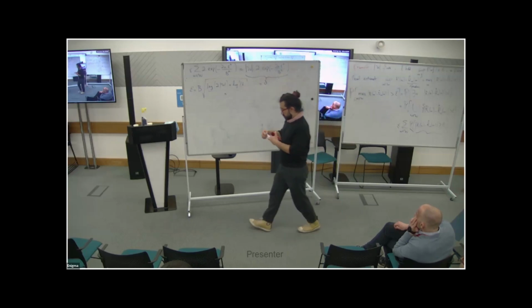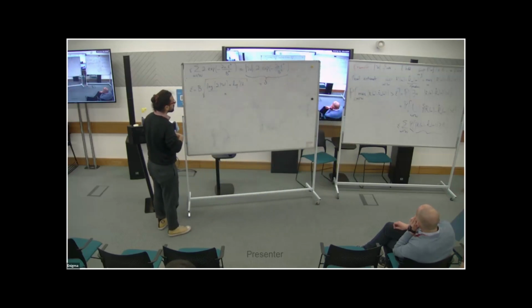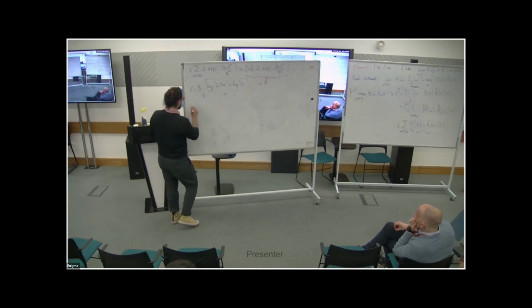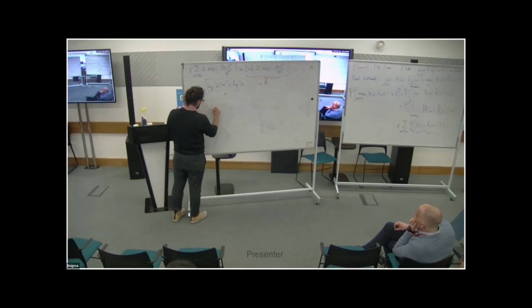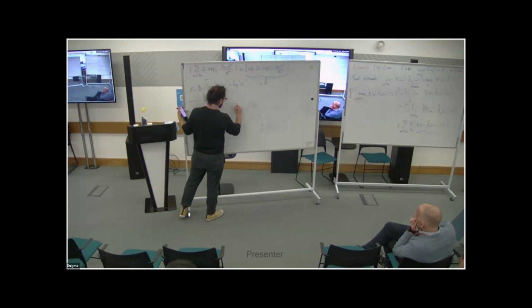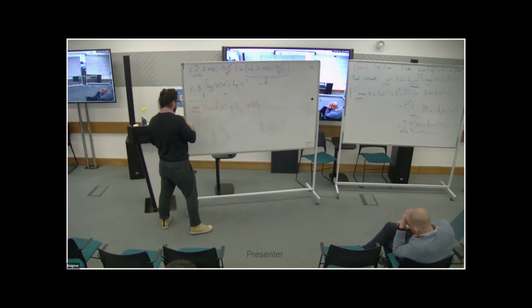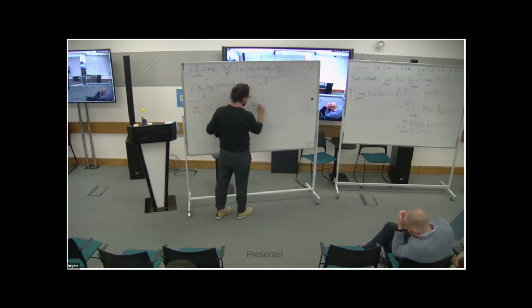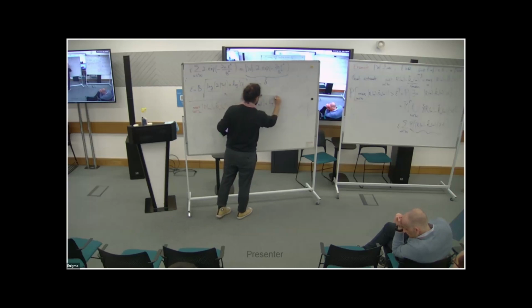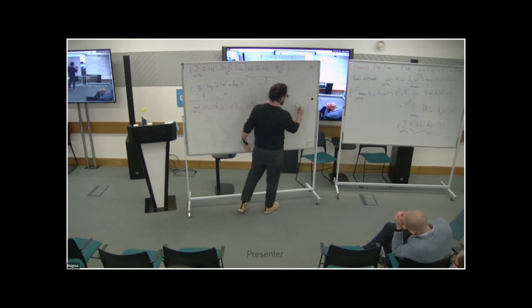So what does this say? Let's rewrite this. This is the convention. We say that the max, the worst case error, is smaller than this quantity, b times the square root of log 2 W's cardinality plus log 1 over delta, over n, with probability larger than 1 minus delta.